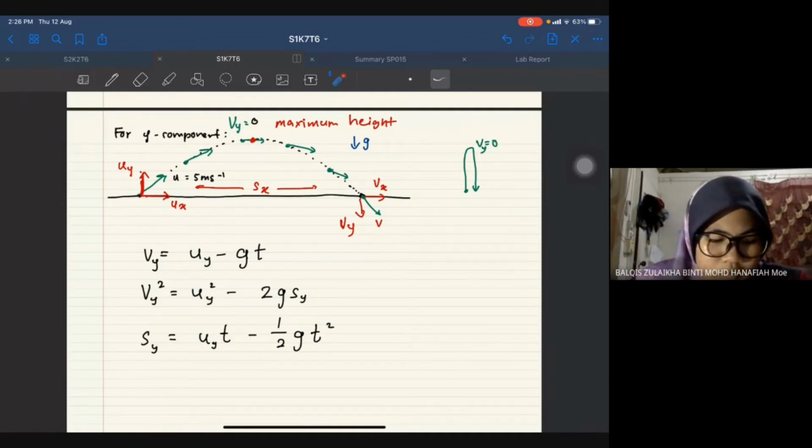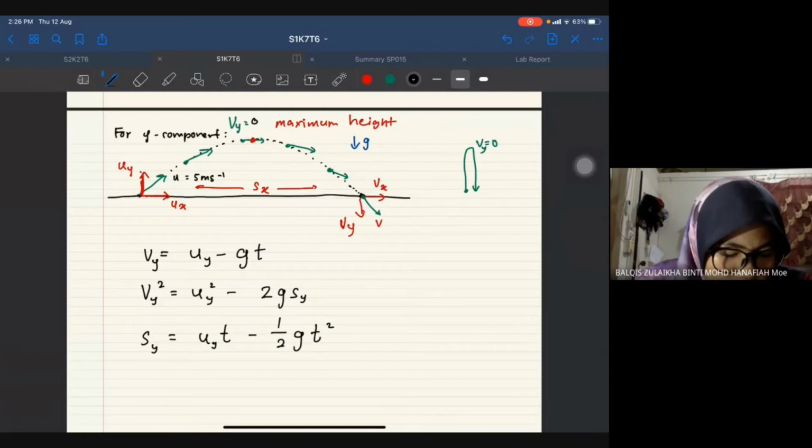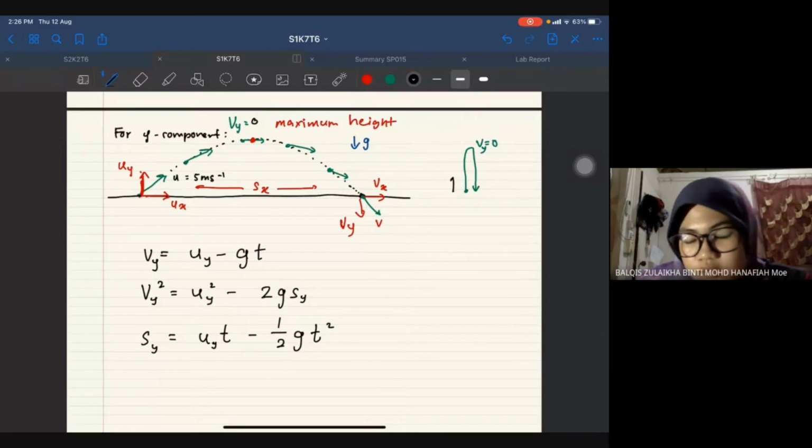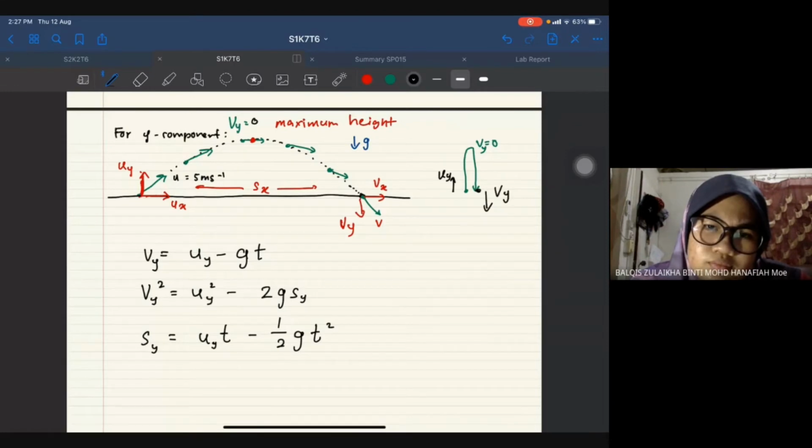Okay, satu point dah. Okay, semalam saya pernah cakap, if you throw it in this direction, your Uy will be equal to the velocity over there. Betul tak? Betul, cuma dia in opposite direction. Okay, the same thing applies now over here.